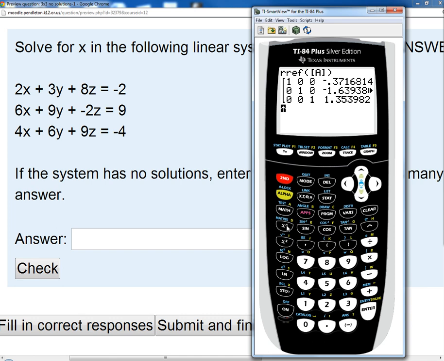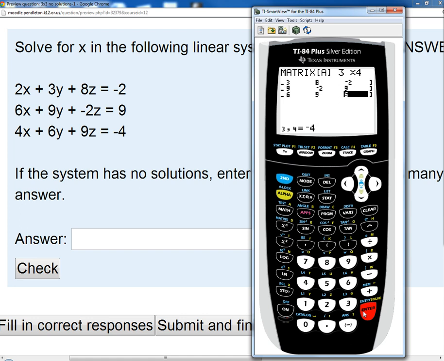So I'll go second matrix, edit matrix A, and I'll just make these my coefficients now. Everybody get that in there?